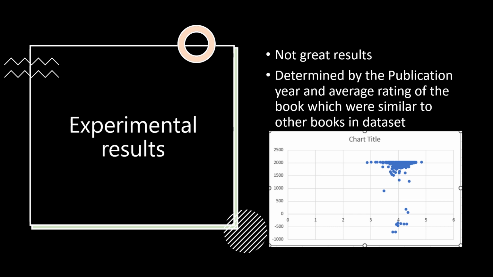It only had about 1,200 items, and most of the items were rated between 3 and 4.5, which were pretty average. Not only that, but most of them were published within a certain time frame. Not many were published recently, which kind of hindered the process as well. So once it filtered out the genre and author, it didn't have much to go on, so the majority of the time it picked the same items.